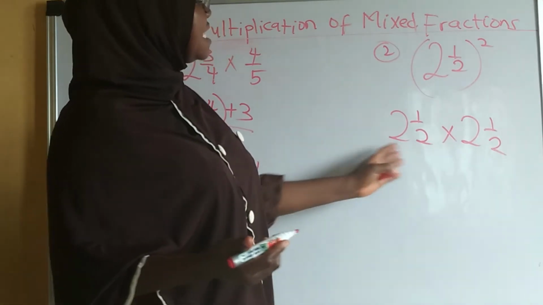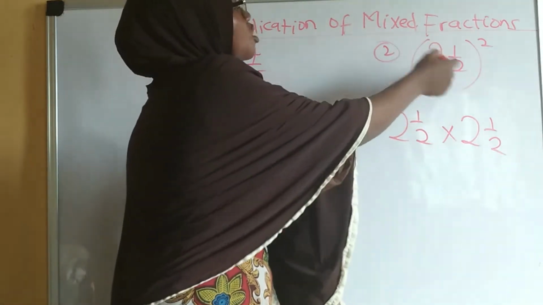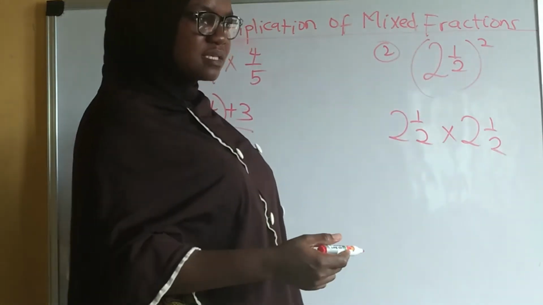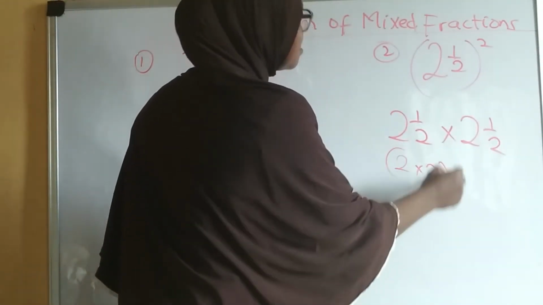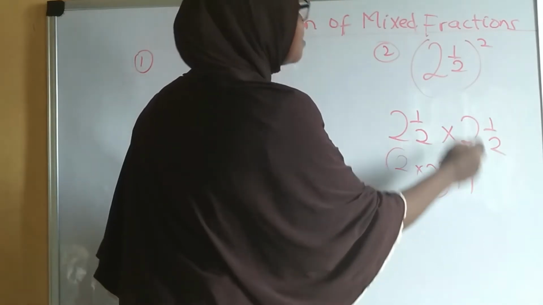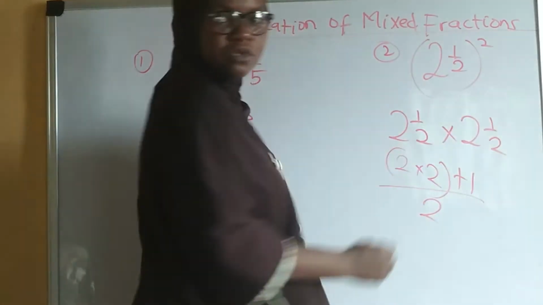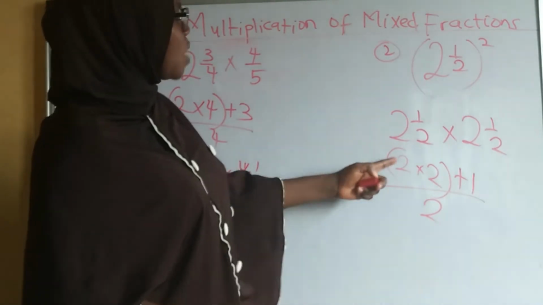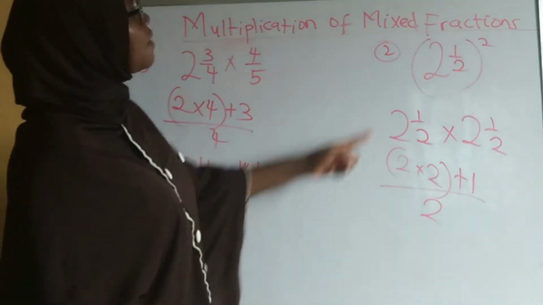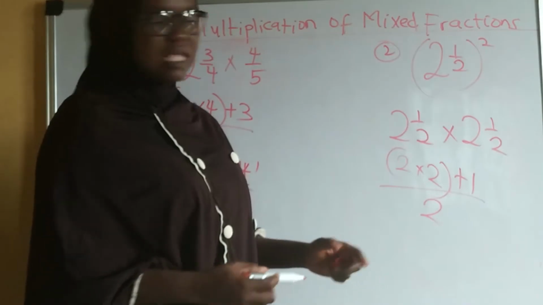So you can either do it this way, or you can change this one to a mixed fraction by saying 2 times 2 plus this one over this 2. Do you understand? You can either do it this way or this way, but because we have used this way for this one, let's try our hands on this one. Do you understand? All right.